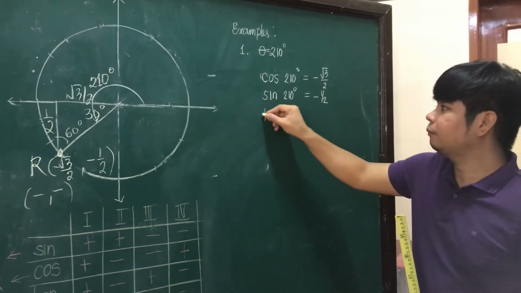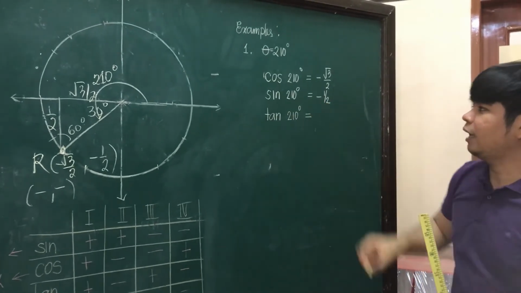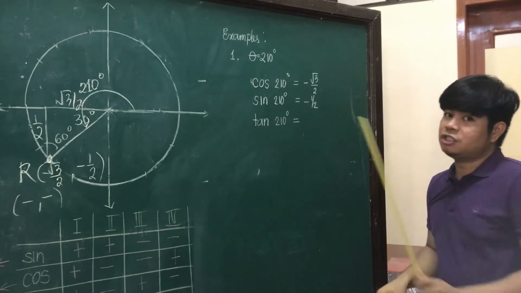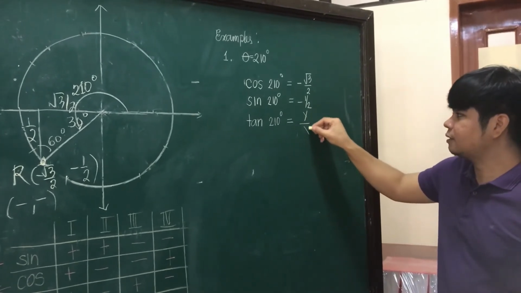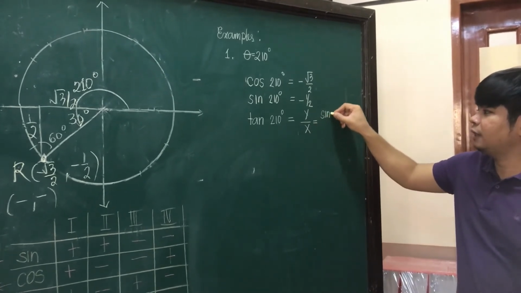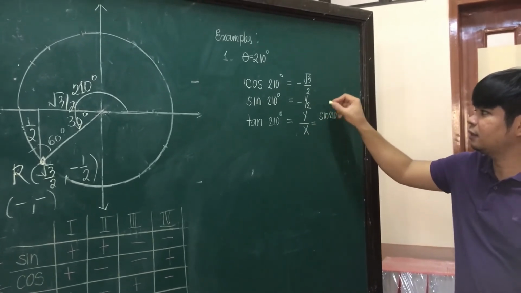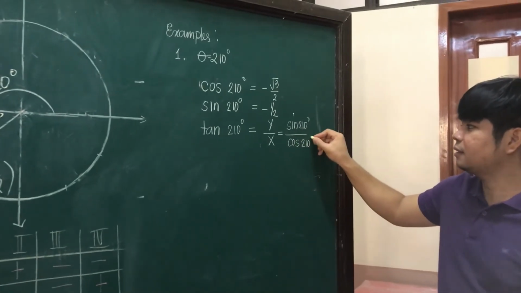So what about tangent 210 degrees? Tangent is represented by y over x. And y is sine 210 degrees, and x is cosine 210 degrees.